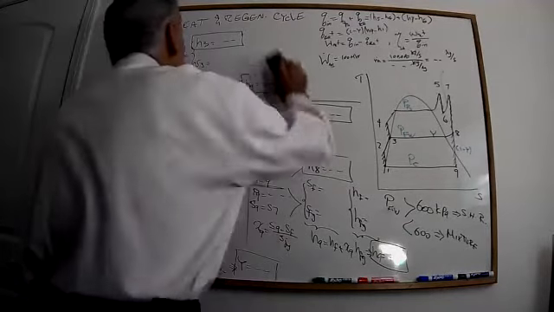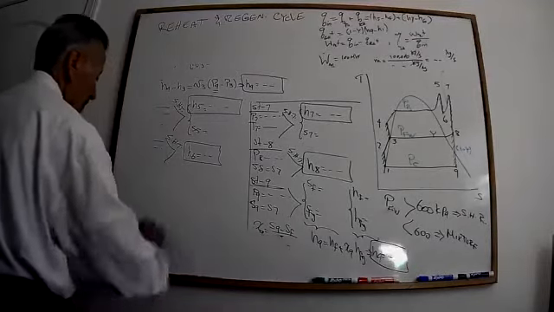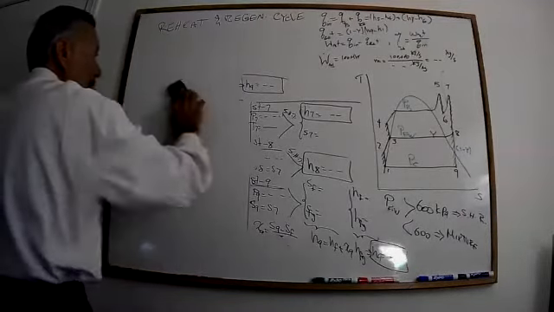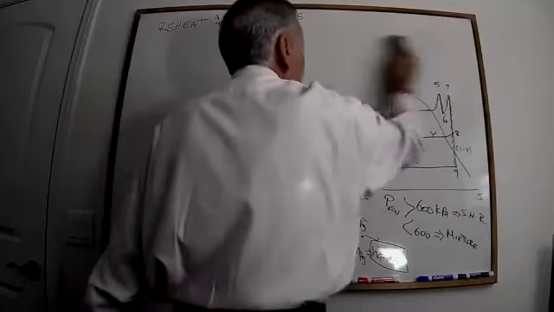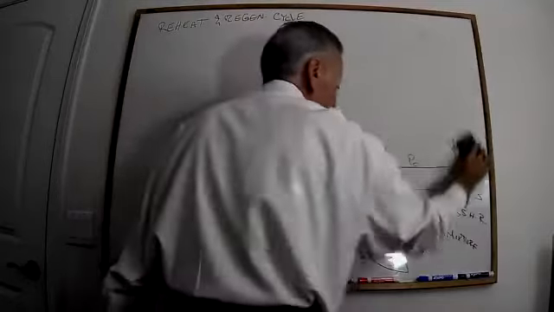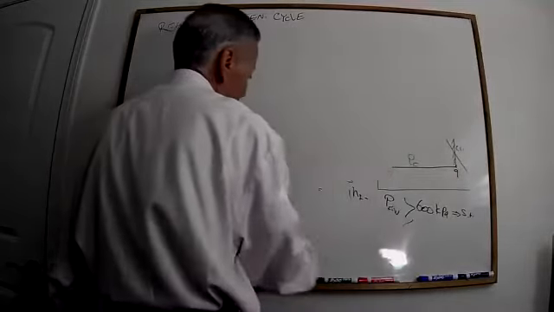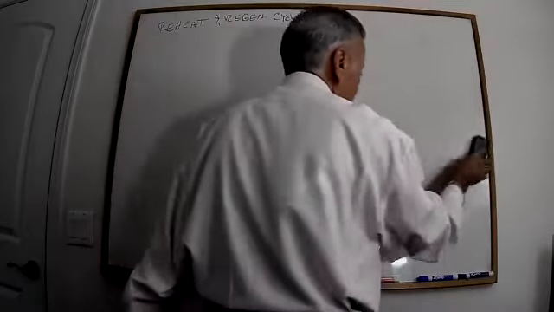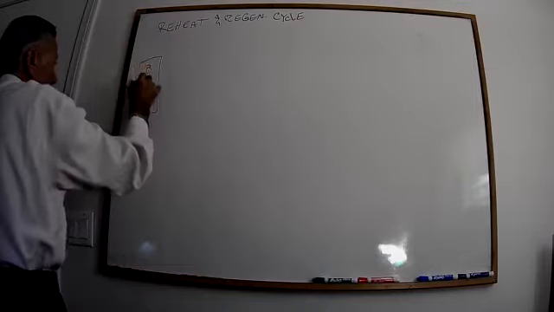Okay. Now the next possibility is when you have two open feed water heaters in one cycle. Again, everything that you see here, we've done before, so it's nothing new. In this case, again, we have a boiler.